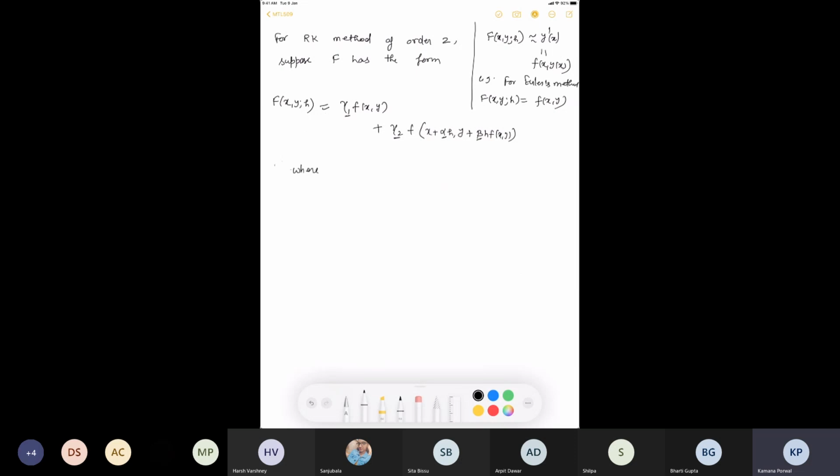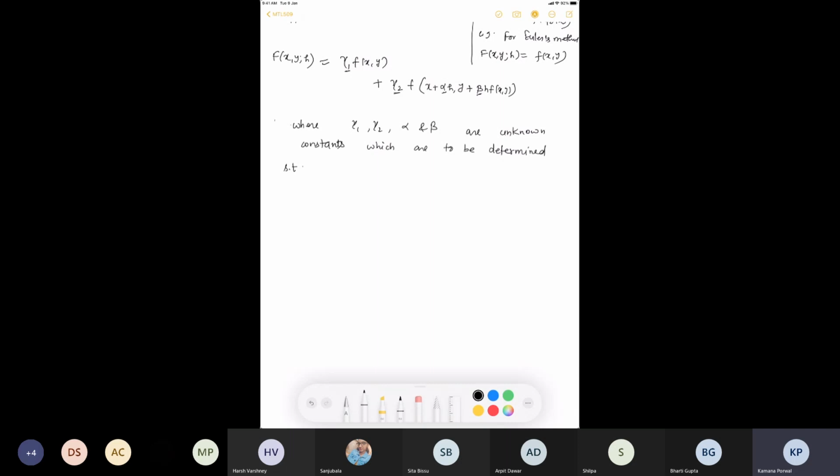At this point they are unknown constants, which are to be determined such that the truncation error will be of order h cube.